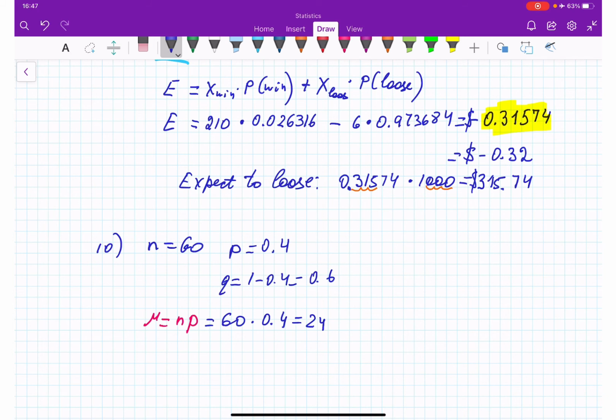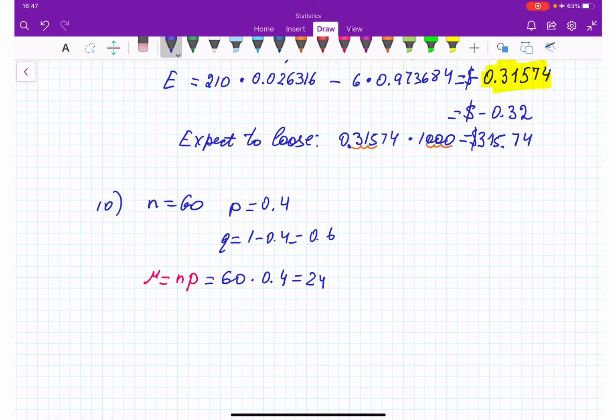Okay, next we are going to find the variance for the binomial distribution. The variance for binomial distribution is equal to npq. So that is going to be 60 times 0.4 times 0.6, and that is going to be equal to 14.4.